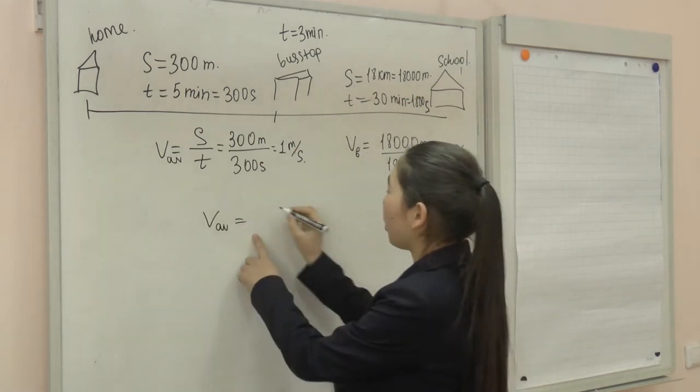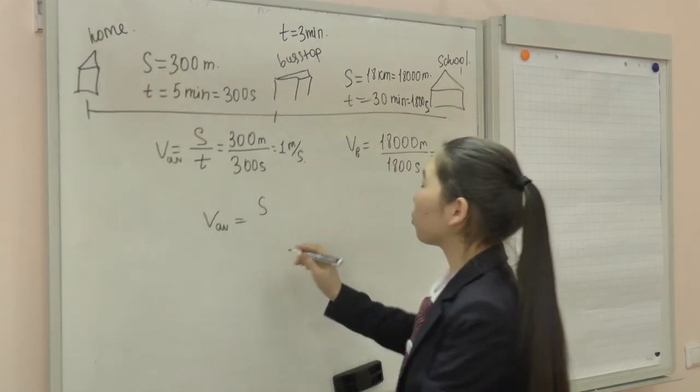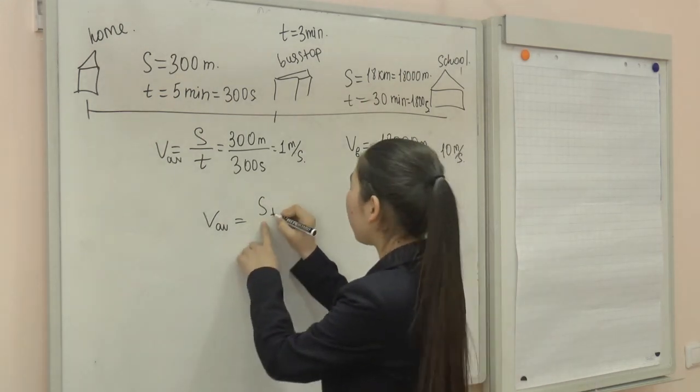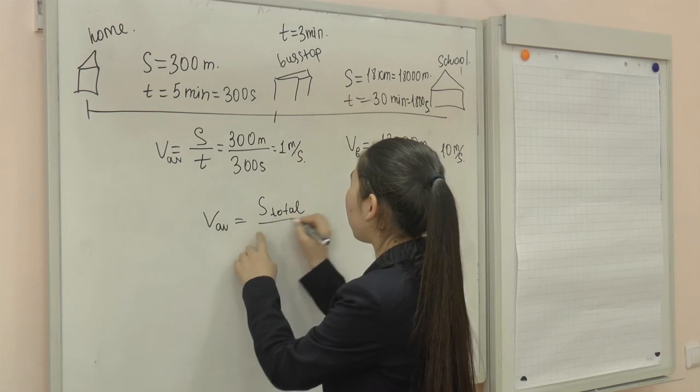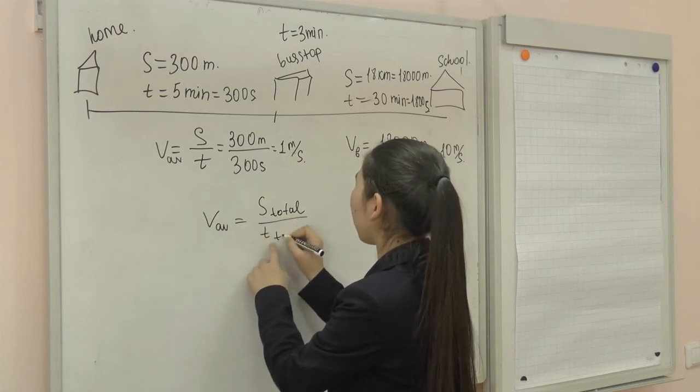If we find the average velocity, we find it with this formula: S total divided by T total.